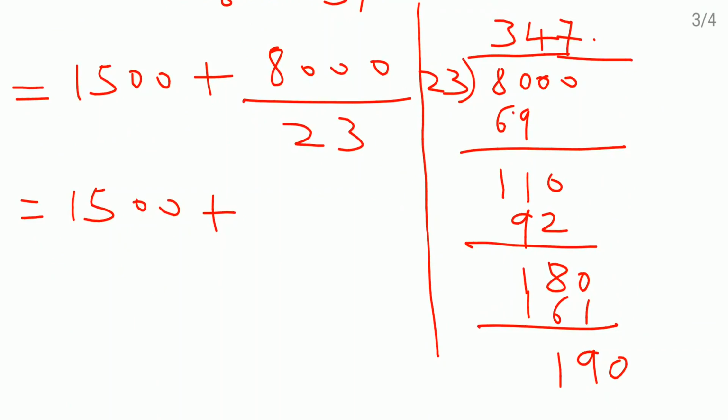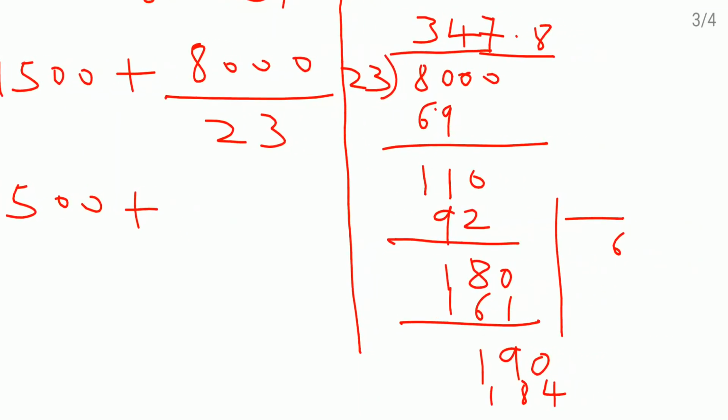Now 23 eights comes as 184. Now here the subtraction comes as 10 minus 4 is 6. Only 6 is the subtraction. Look at this one here.